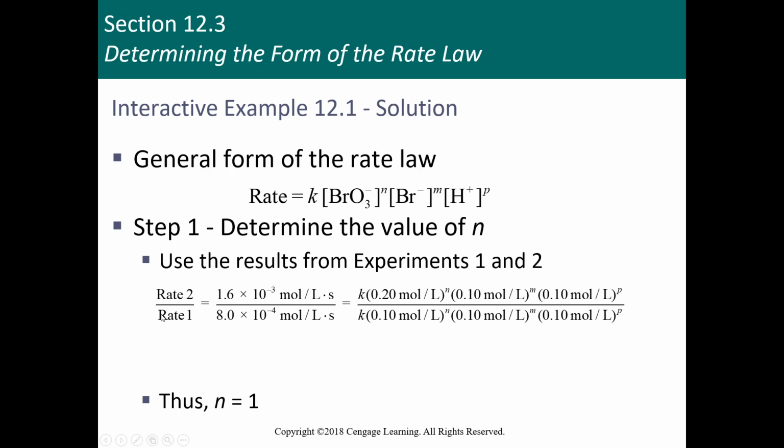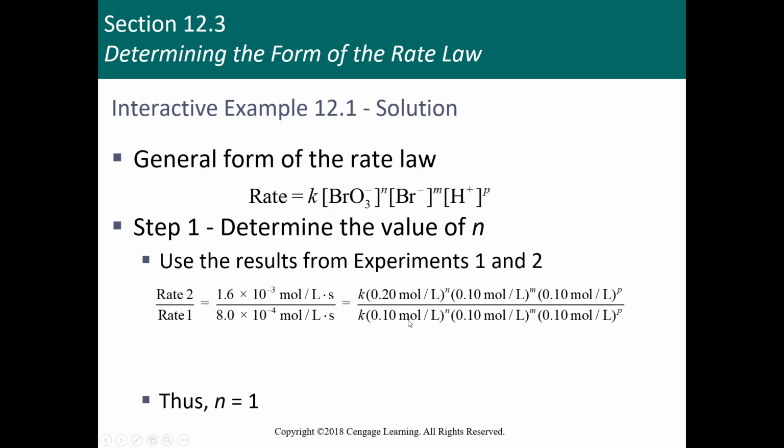So see, this is rate right here for the first run. It's equal to, that's the rate that we got from that table for the first run. That's the k right there.